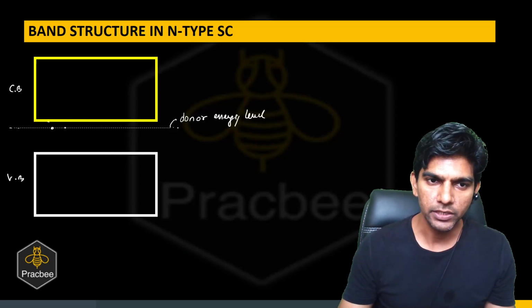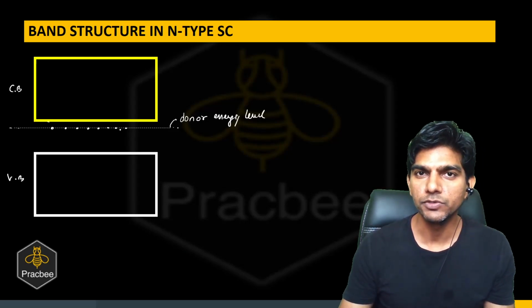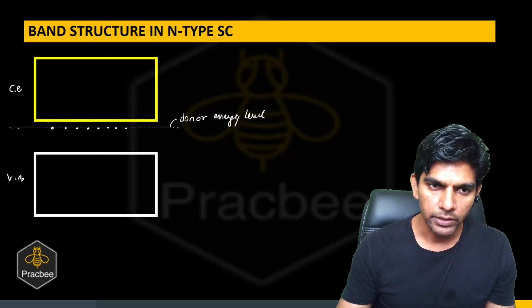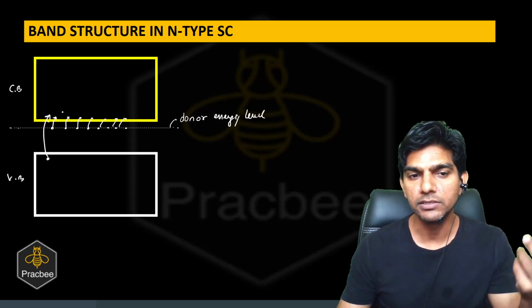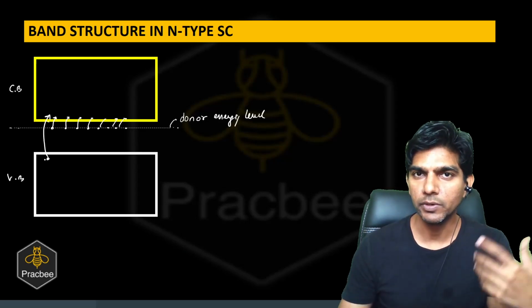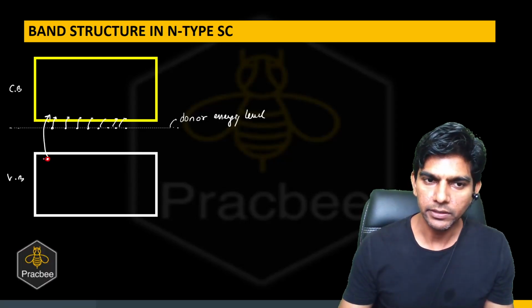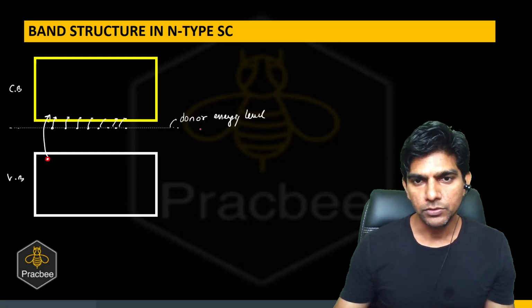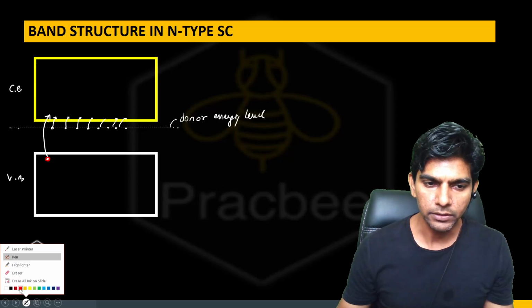It contains the energy of the electrons which are bonded with the phosphorus. They will gain energy and can easily move to the conduction band, and take part in the conduction process. There will also be some electrons which move from the valence band to the conduction band intrinsically. When the bond breaks, the electron is released to the conduction band, and when that happens, a hole is generated in the valence band. So this we have to remember. And there is one more way in which we can show an N-type semiconductor.